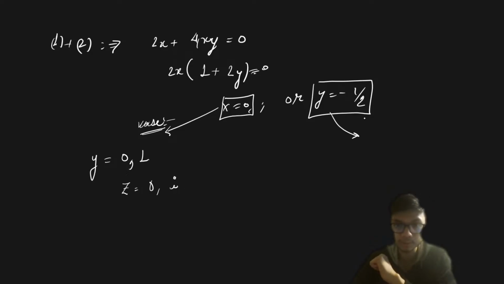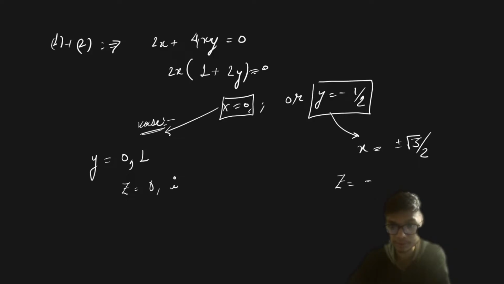And if I put y is equal to minus of half, in that case x values will be equals to plus or minus root 3 by 2, which basically gives me the complex numbers root 3 by 2 minus of iota by 2 and minus of root 3 by 2 minus iota by 2, right?